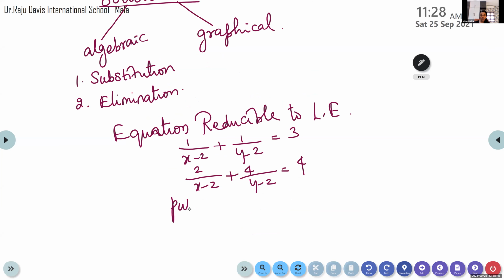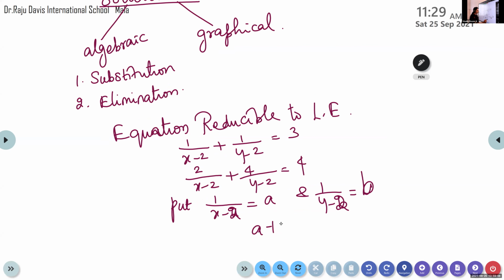Put 1 by x minus 2 as A and 1 by y minus 2 as B, or either as U or V. If you substitute it, you will get A plus B is equal to 3, 2A plus 4B is equal to 4. So we can transform the given equations into linear equations by substituting.